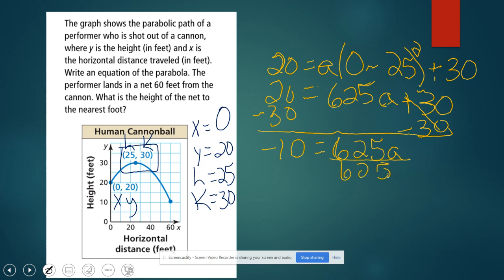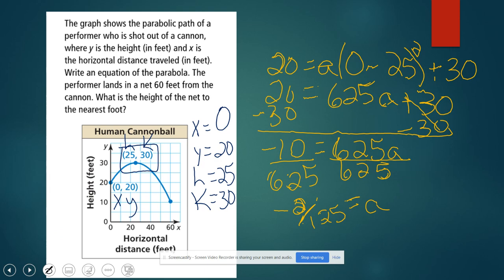Divide by 625. Then we get negative 2 over 125 for A.